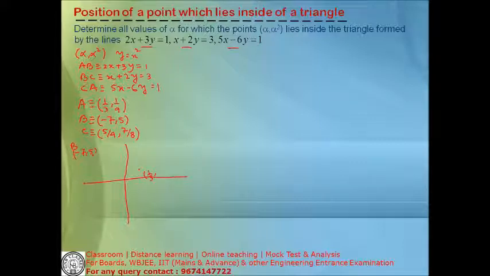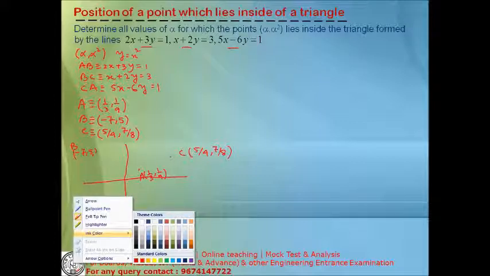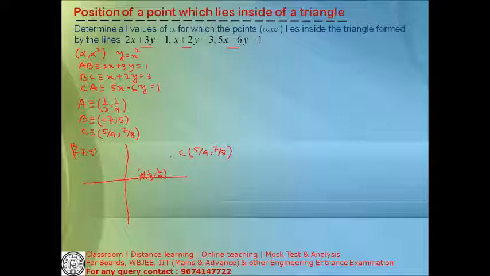And another point is C, which is 5 by 4 comma 7 by 8. Now if we just draw the triangle, let me change the color of the ink. So the triangle will look something like this, isn't it? Not exactly like this, but almost. It's okay, it is understandable.